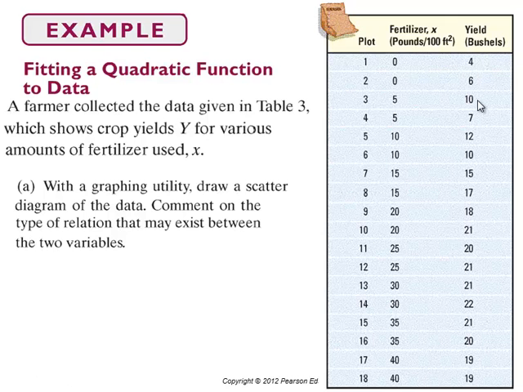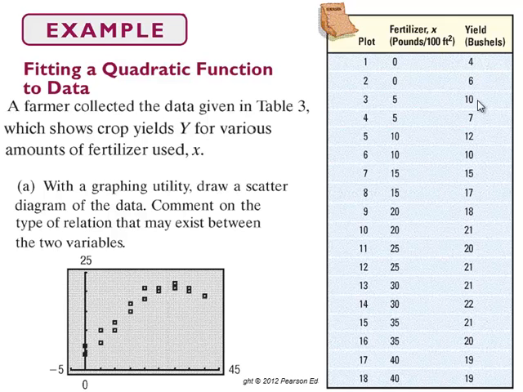Now, I've already showed you how to input data into your graphing calculator, so I'm not going to show you this time. I'm trying to keep these videos as short as possible. So go into your stat menu in your graphing calculator and plug in all these data pairs. And then go to stat plot.